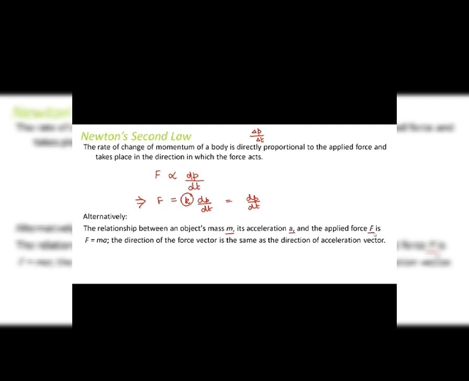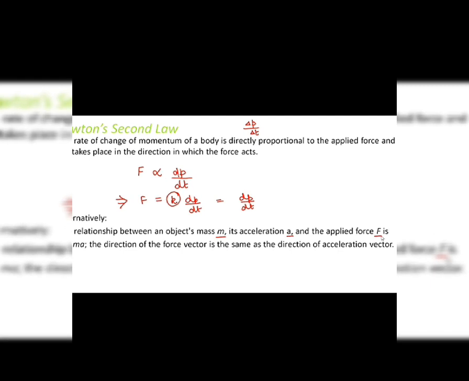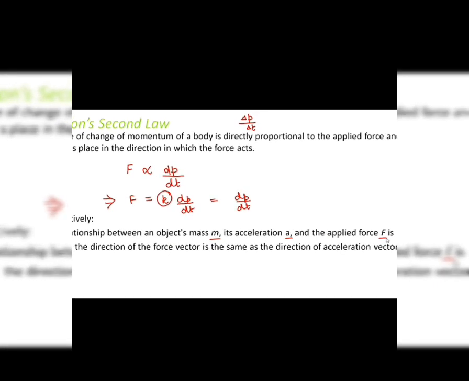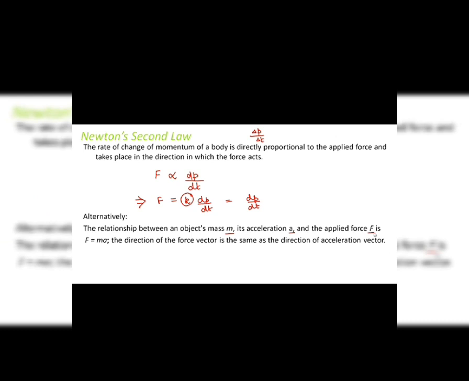Here, force is a vector quantity, and acceleration is also a vector quantity. If there's an object of mass m which moves with an acceleration a, then the force acting on that body is given by mass into acceleration. So force and acceleration both act along the same direction.